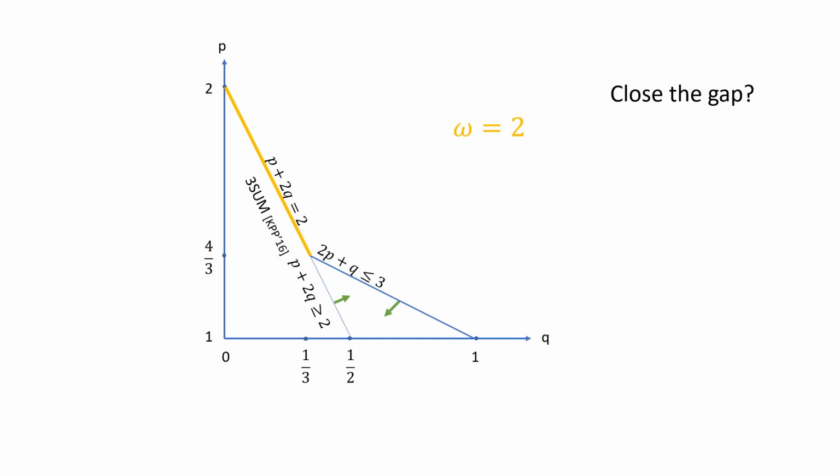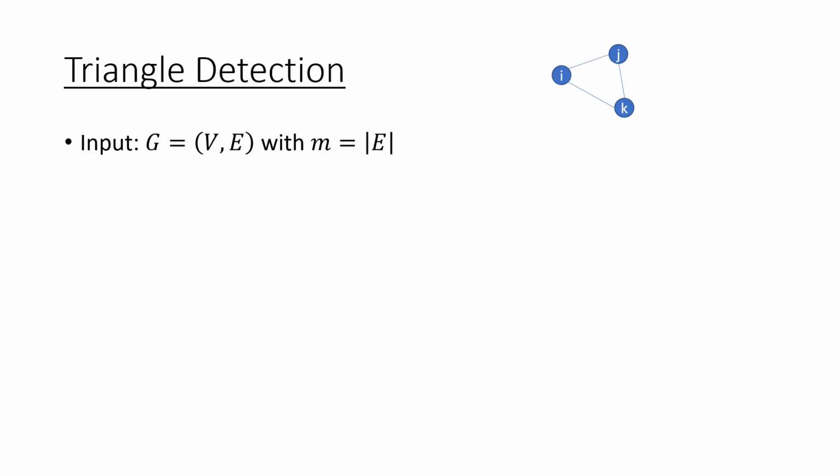Now, in order to close this gap, we're going to turn to conditional lower bounds. And in particular, our conditional lower bound is based on a new hypothesis, which I will now try to motivate. Our new hypothesis is closely related to the triangle detection hypothesis. In the triangle detection problem, the input is an undirected graph G with m edges, and the goal is to decide whether G contains a triangle or not.